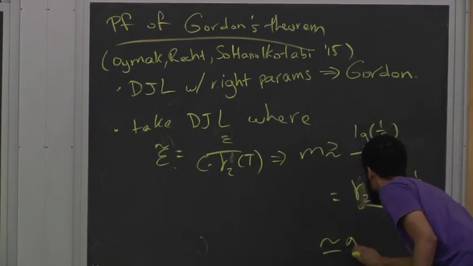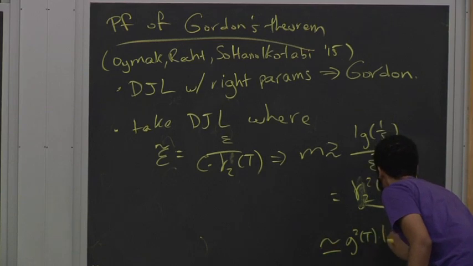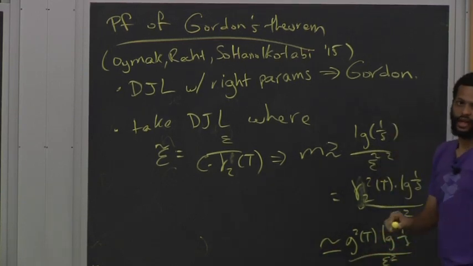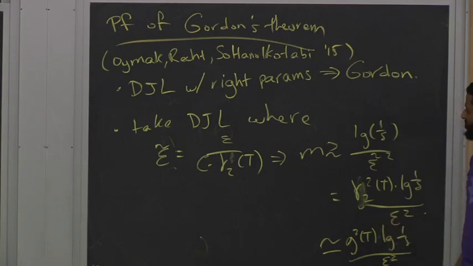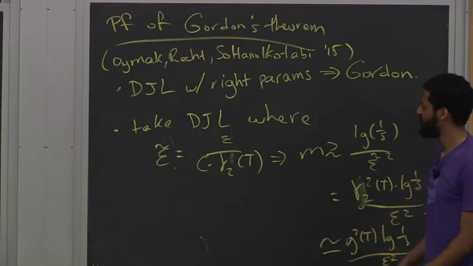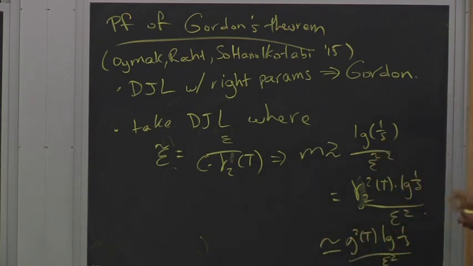So this is the same thing as g squared of t times log 1 over delta over epsilon squared. I'll say maybe 5 minutes about how they prove this at the beginning of the next lecture, then we'll move on to something else. It's nice because it says that Gordon implies JL and DJL implies Gordon, so they are basically equivalent.